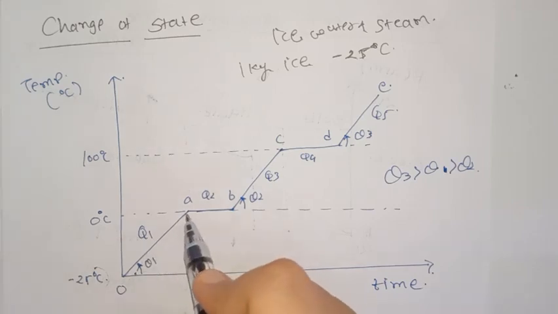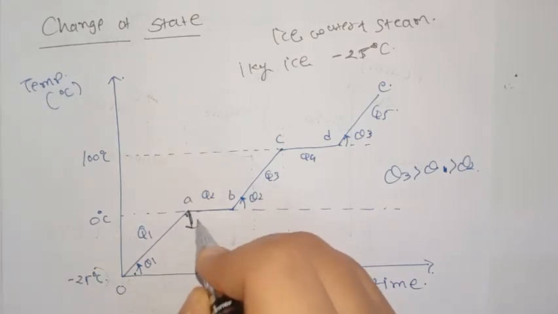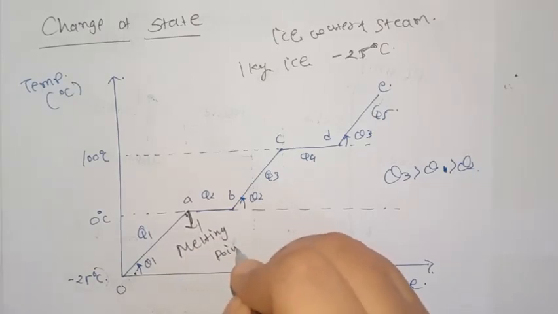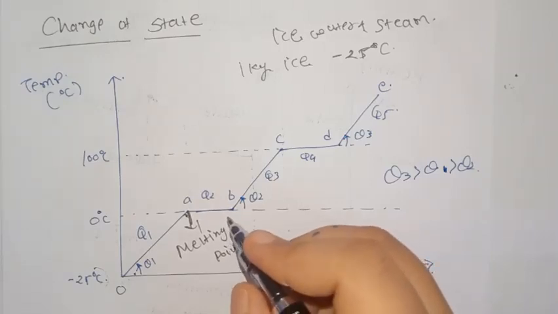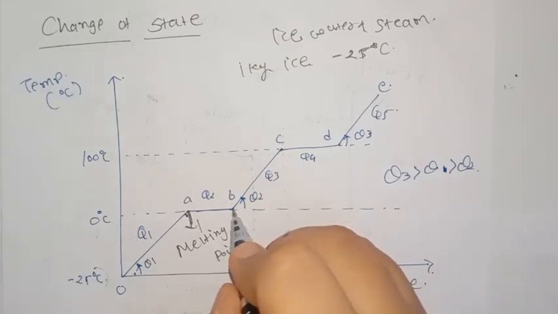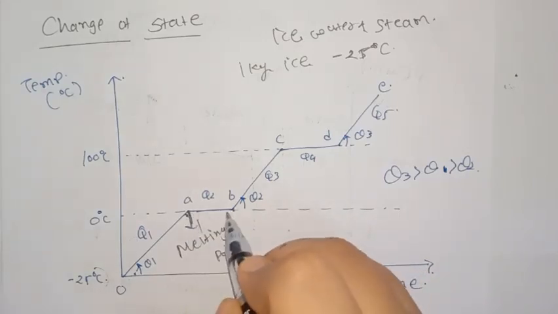At 0 degrees Celsius, the steady temperature rise stops and the ice starts melting, and consequently point A on the curve corresponds to the melting point of ice. From A to B, the temperature remains at 0 degrees Celsius.